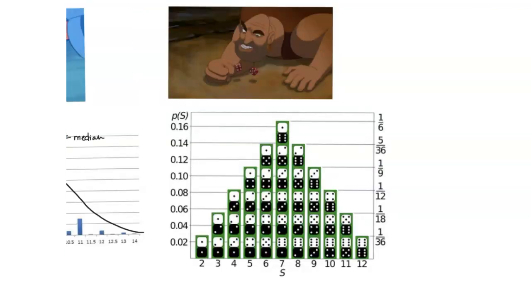All right, so one last example. For those of you who like to play games with dice, there's a very, very important reason for why lucky number 7 is so lucky. And so this graph here shows us the probability of rolling a 2, 3, 4, 5, 6, 7, 8, 9, 10, 11, or 12 when we have a pair of fair dice.